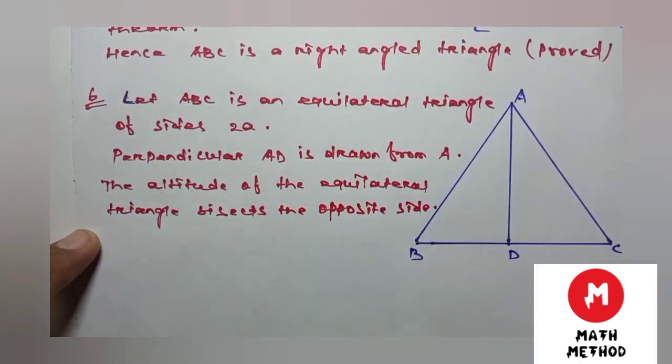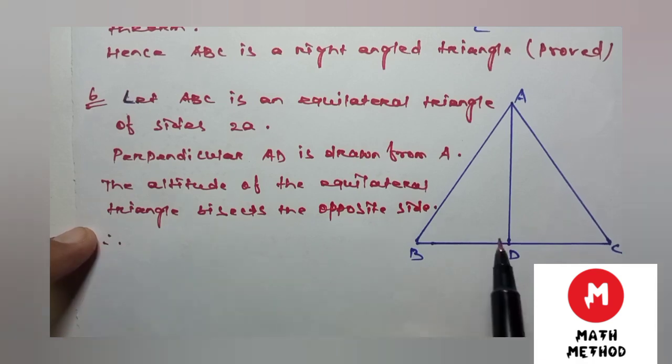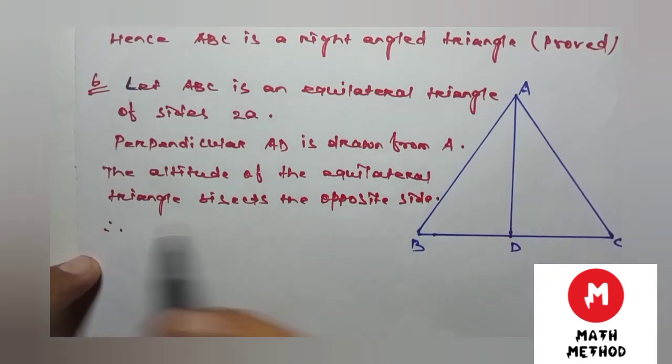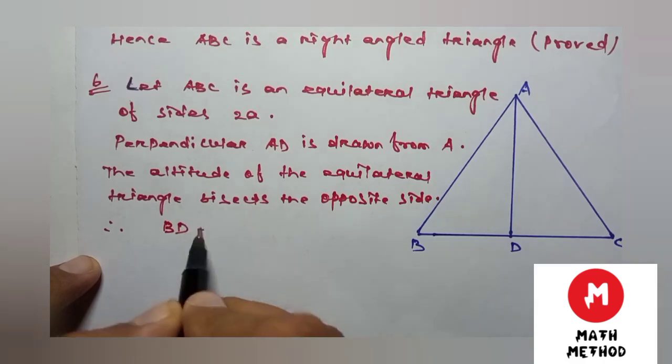Clear? So therefore in this question BD is equal to DC.